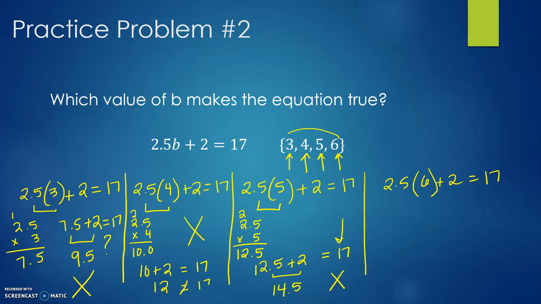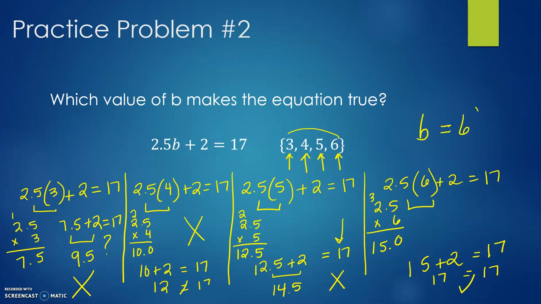So hopefully the 6 works. 2.5 times 6, that is 30. Carry my 3. 12 plus 3 is 15. Okay, so this right here is 15 plus 2. And 15 plus 2 is 17. I do get 17. So which value of b makes the equation true? B equals 6, because it's the only number that we plugged in to make a true statement.